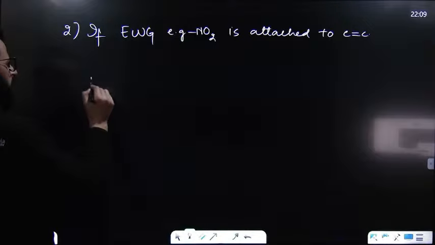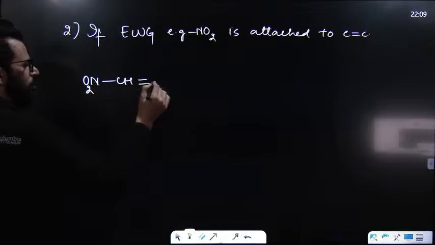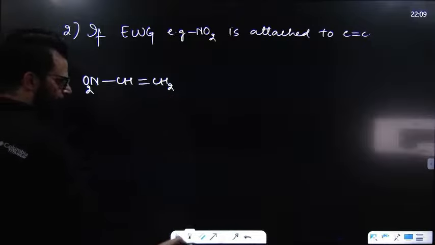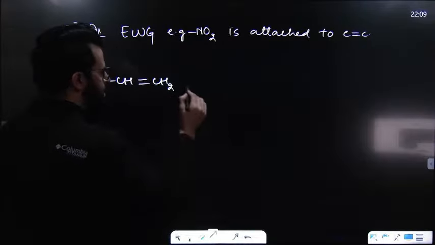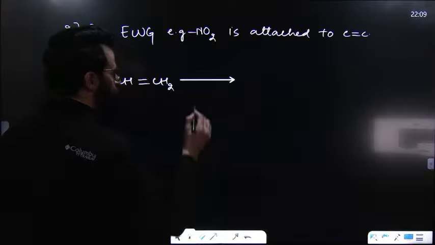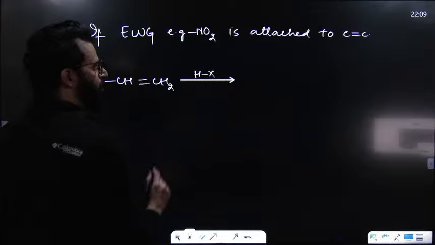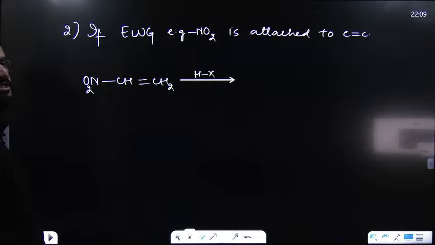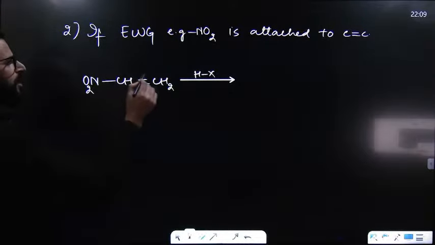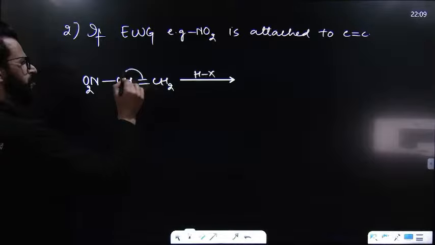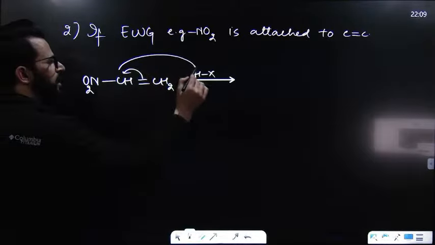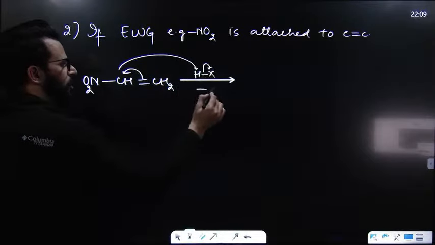If we have an NO2 group attached to the carbon-carbon double bond, then what will happen? What we have to do is, the major product will always be from the more stable carbocation. So the more stable carbocation will be here. This H will be attached to this position, X minus will be lost.